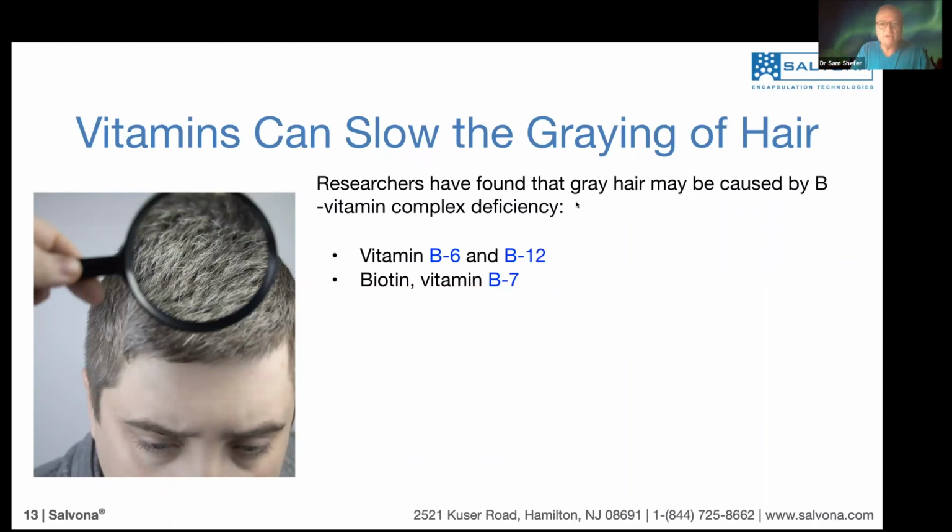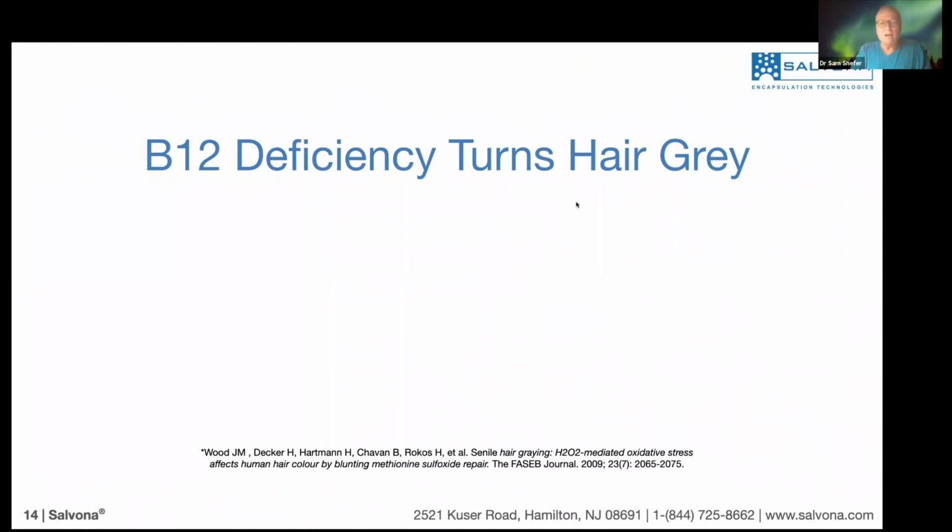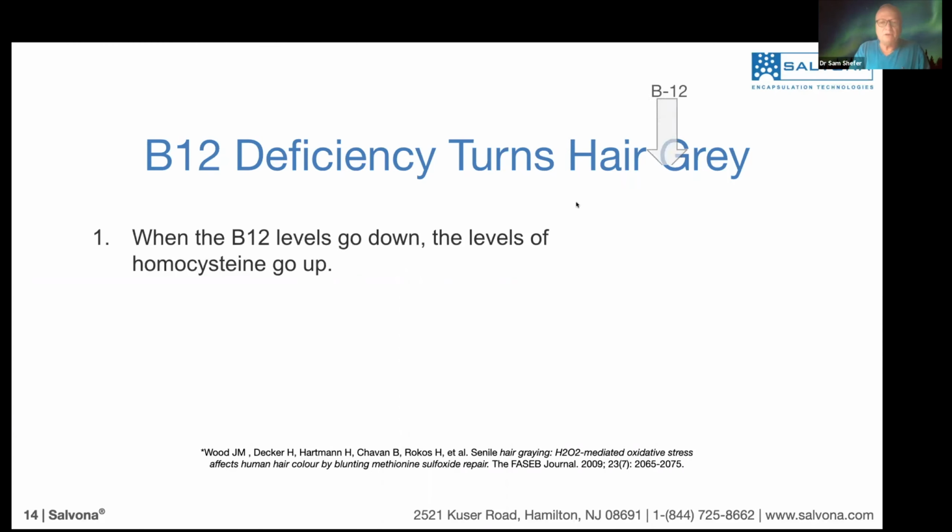These are the three of the B complex that have an effect on gray hair. So this is critical to understand. Now, when B12 is deficient, we don't have enough, then we have gray hair.